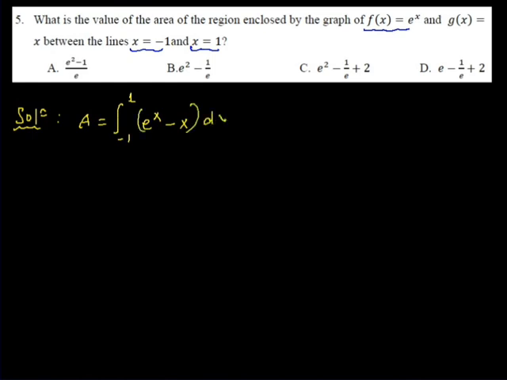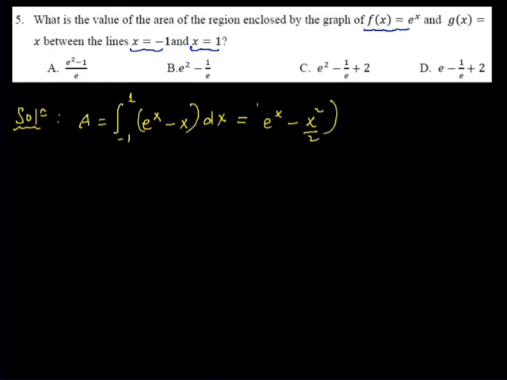Sometimes if you are not using the graph, you need to sense what it looks like. The integral of this one is e to the power of x minus x squared over 2.